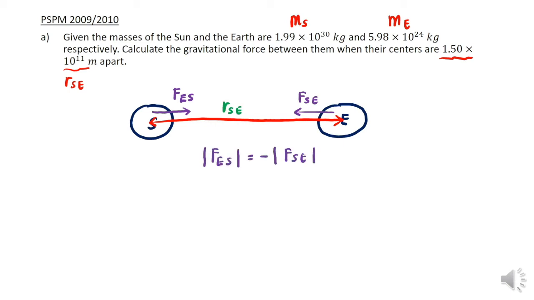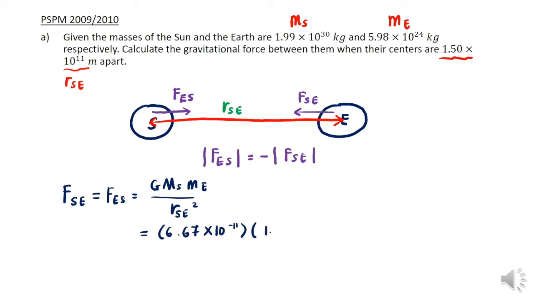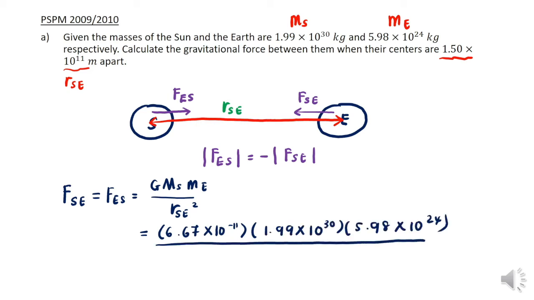Both have the same magnitude but opposite direction. So we can calculate the gravitational force between them by using the gravitational force equation, GMm divided by r squared. Substitute all the information given into the equation, then we will get an answer of 3.53 × 10^22 Newton.